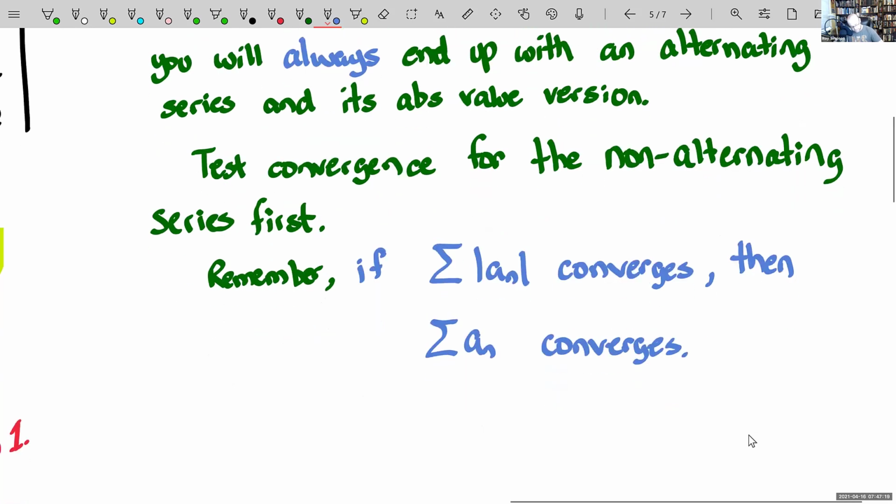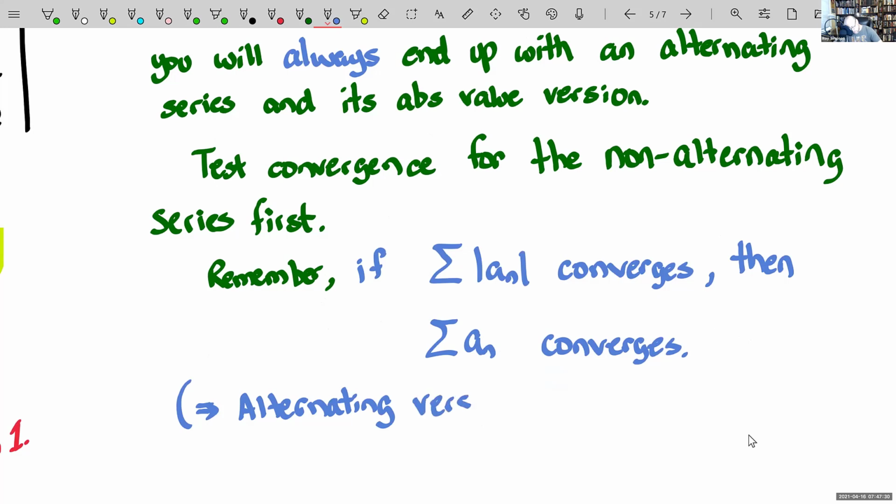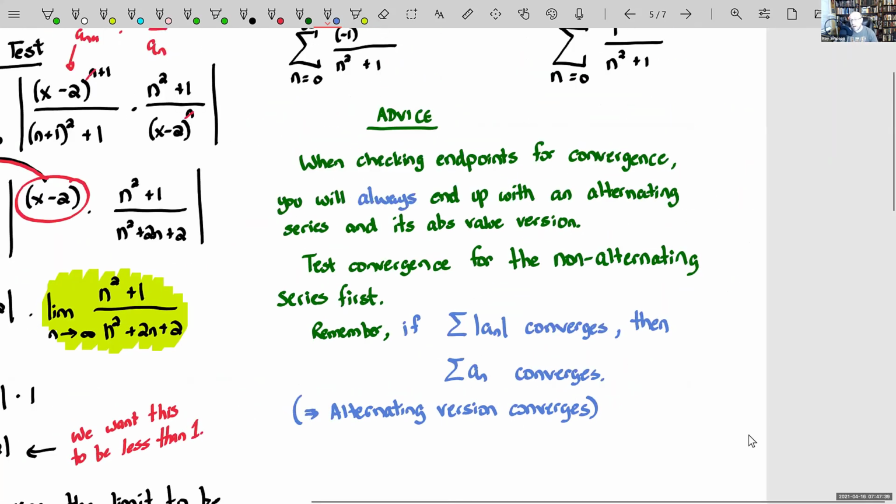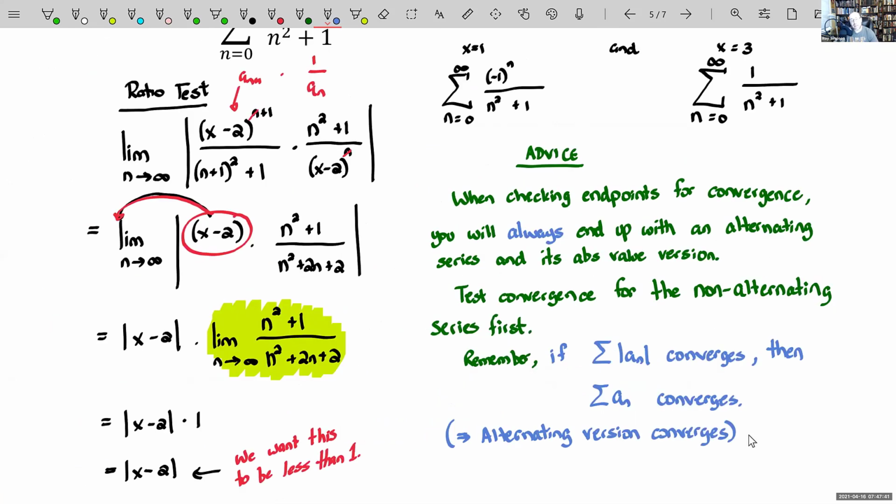So thus, which implies the alternating version would converge. So I think a great tactic is to always test the non-alternating series first. If it converges, then you got 2 for the price of 1. You've just proven both converge just by proving 1.